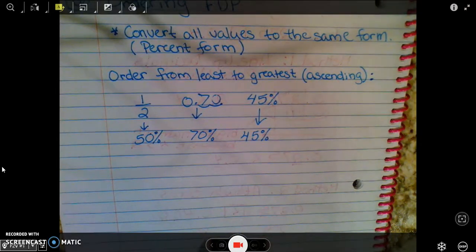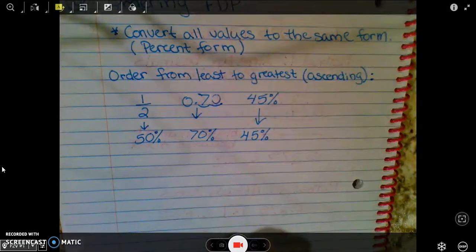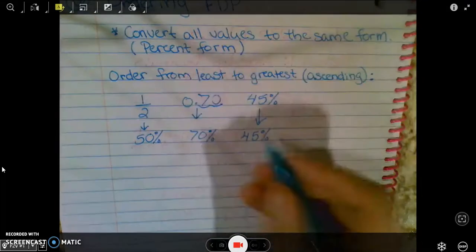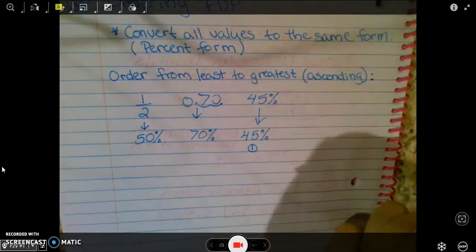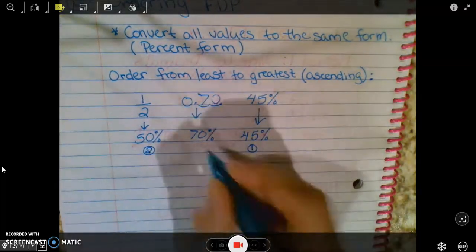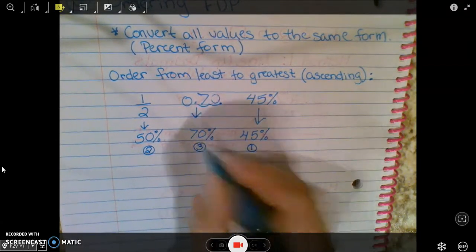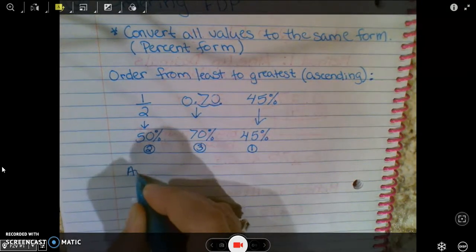Now, if I'm going to order these from least to greatest, or in ascending order, I'm going to number them for right now. My smallest value would be that 45%, followed by 50%, and then 70%. Then below that, I'm going to write my answer.